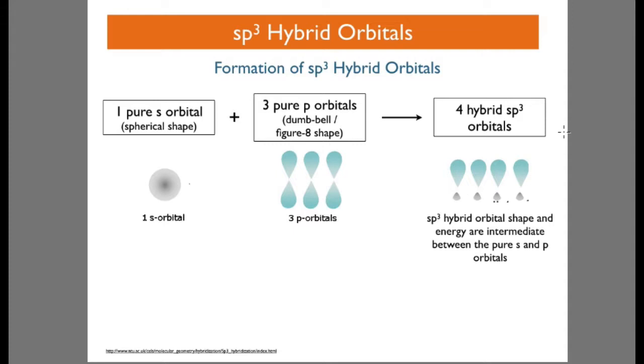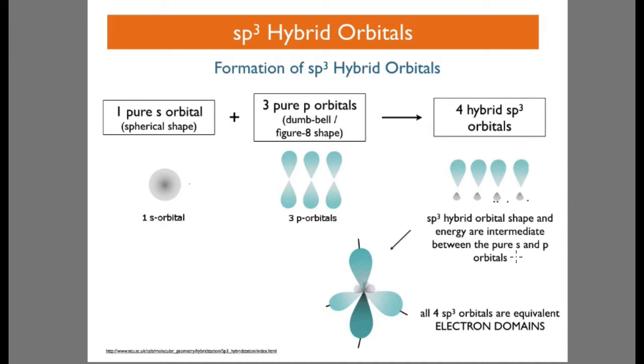The sp3 hybrid orbital shape and energy are intermediate between the pure s and p orbitals. All 4 sp3 orbitals are equivalent electron domains. So you can see the 1, 2, 3, 4 there in a tetrahedral shape. The 4 electron domains are separated by an angle of 109.5, which by this point you should know as the tetrahedral angle.